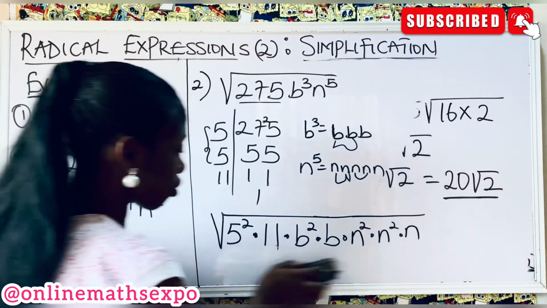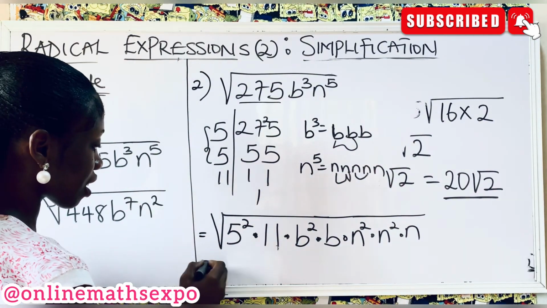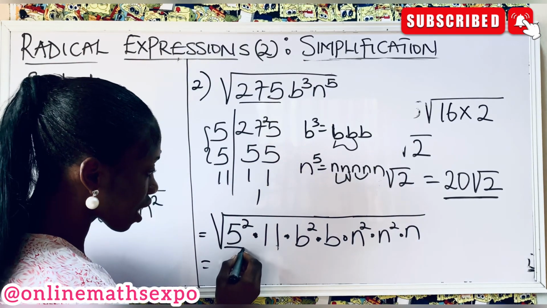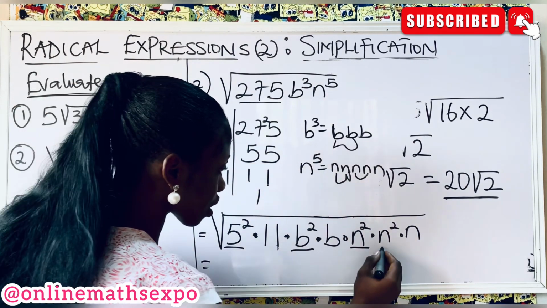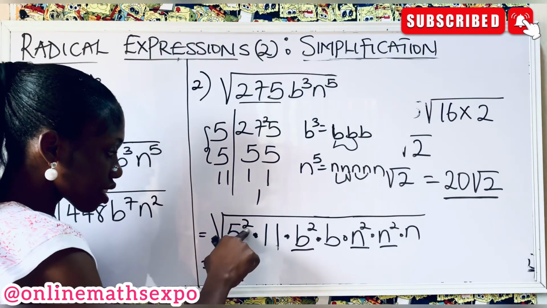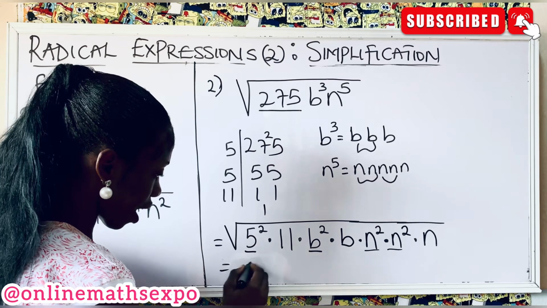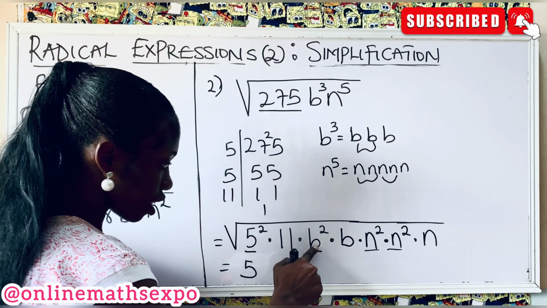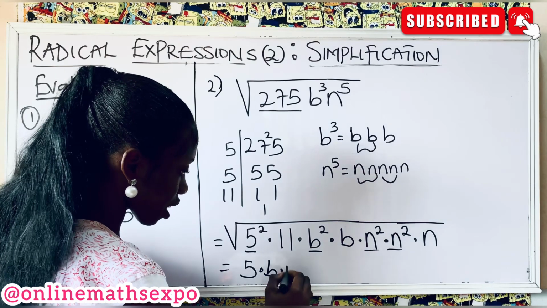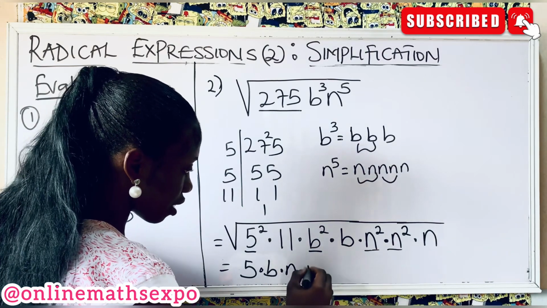Now, what do you do finally? If you simplify this, remember the square root will take this square. So this will be taken care of. Those that have squares will be taken care of by the square root. So the square root takes the square of 5, we have 5. This will be left with b. For here we'll be left with n. Here will be n.